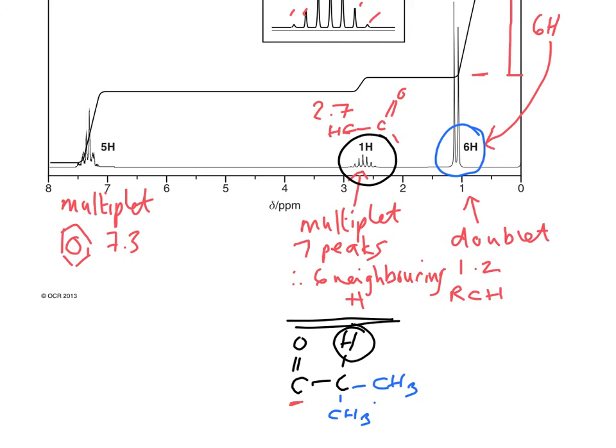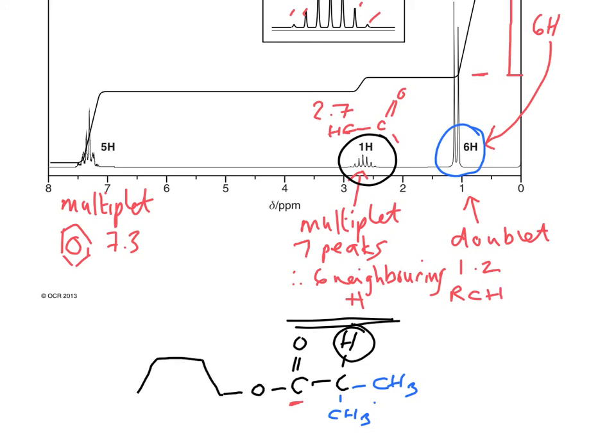We've got 5 more hydrogens to account for. We know they're likely to be a benzene ring. And now that benzene ring, what I haven't popped on yet, we've got 1 more oxygen.